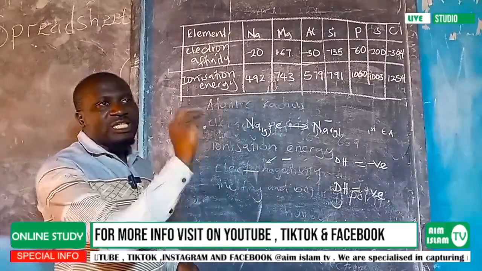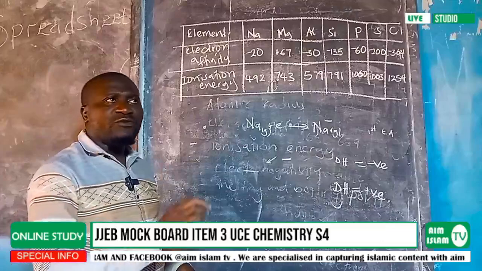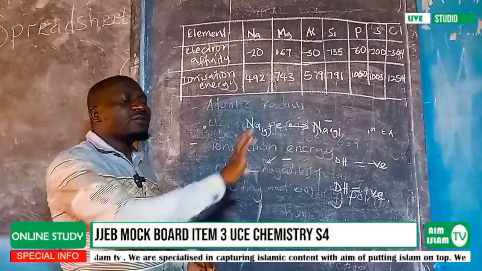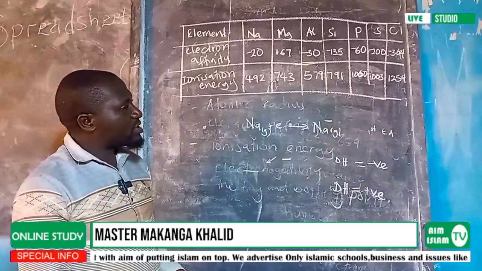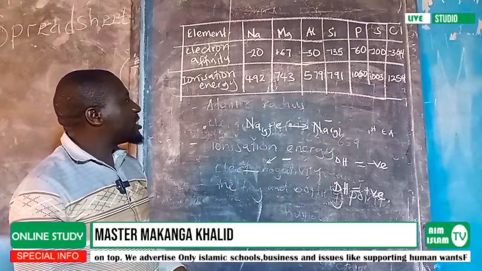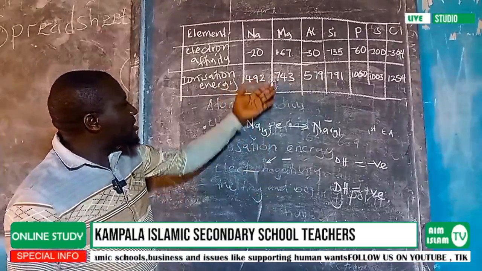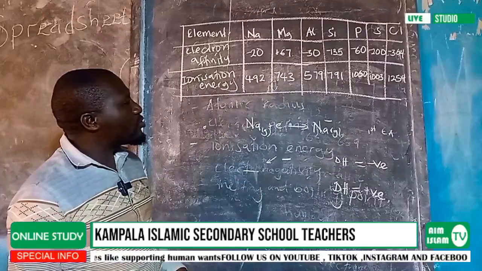So when one mole of electrons is removed from an atom or ion, the change which takes place is what we call ionization energy.